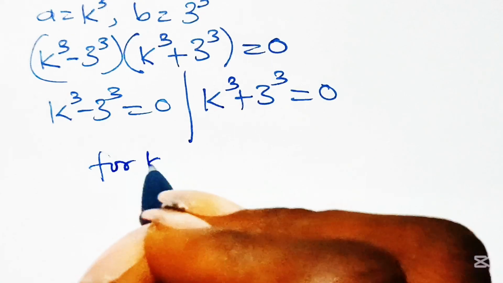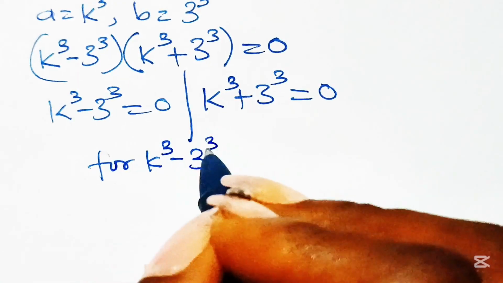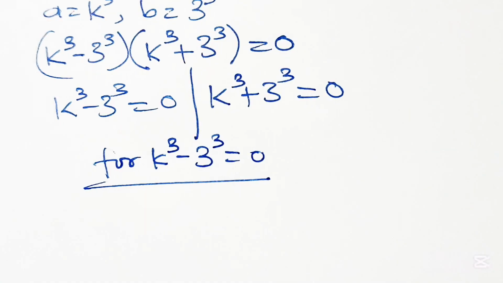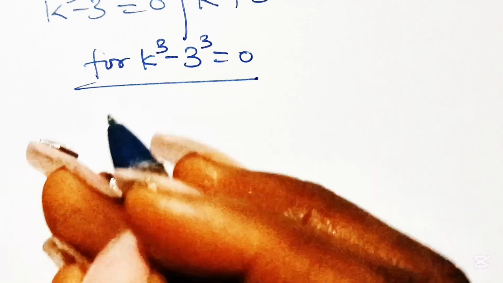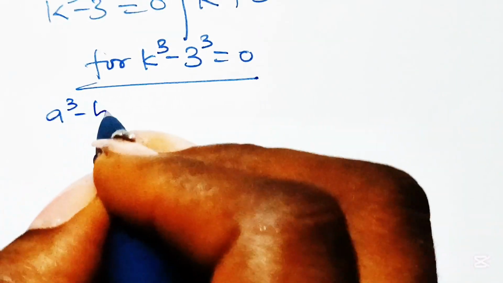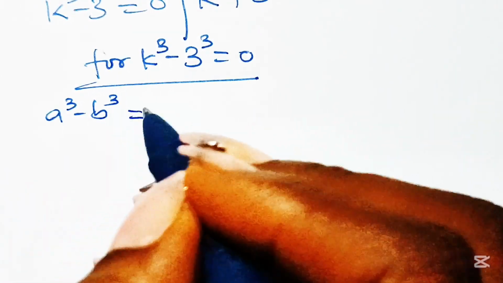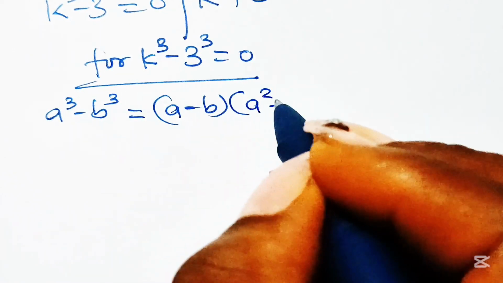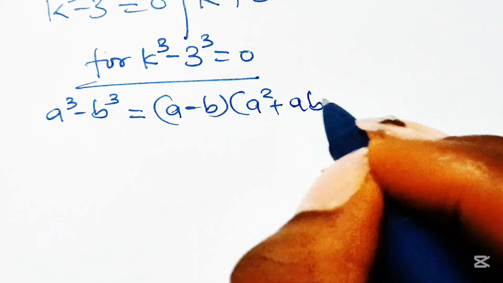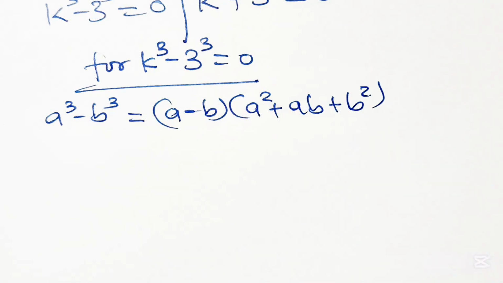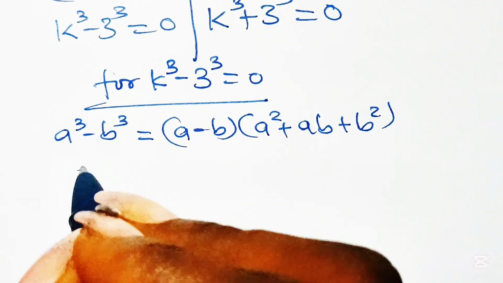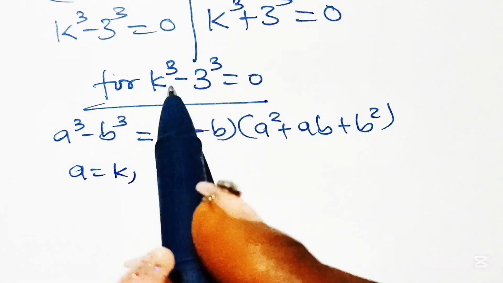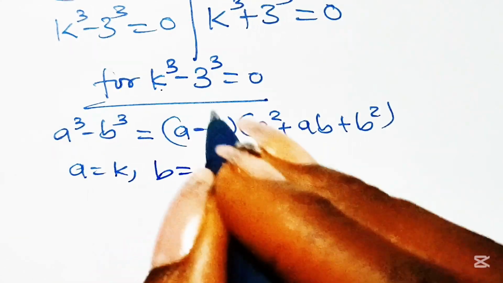So let me write, for k to the power of 3 minus 3 to the power of 3 equals 0, the algebra identity that states that a to the power of 3 minus b to the power of 3 is equal to a minus b multiplied by a squared plus ab plus b squared. In our case, our a is equal to k and our b is equal to 3.